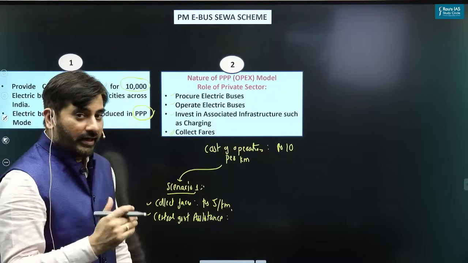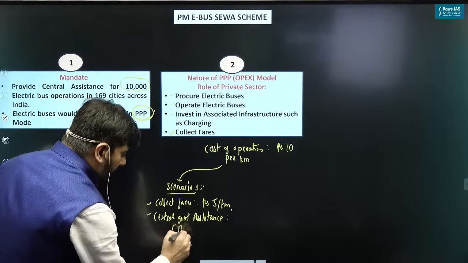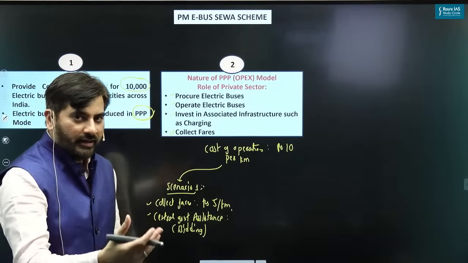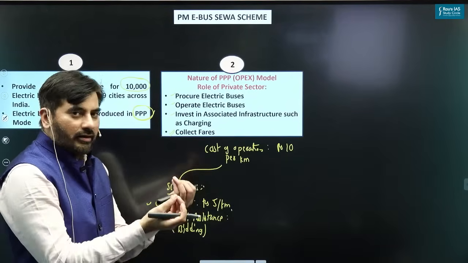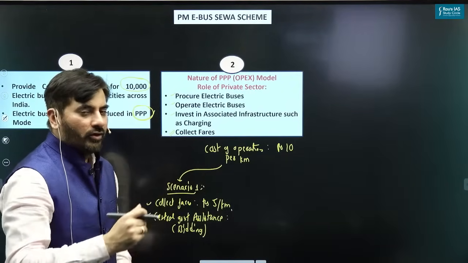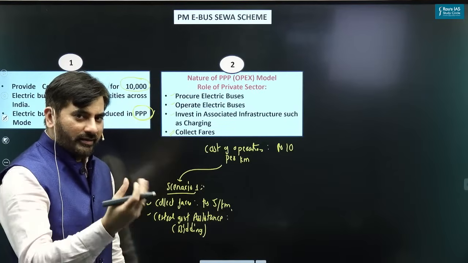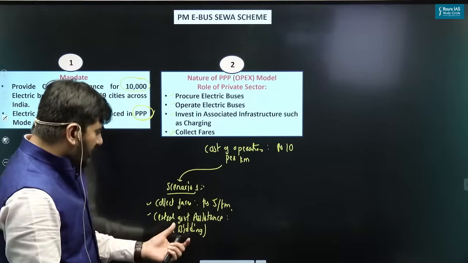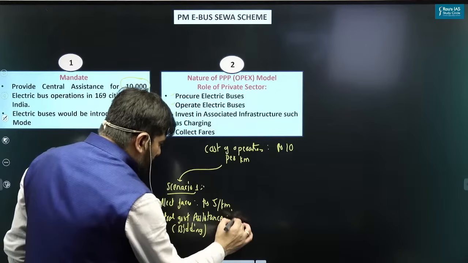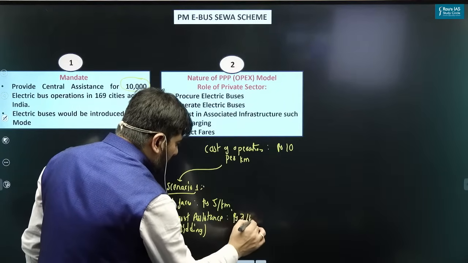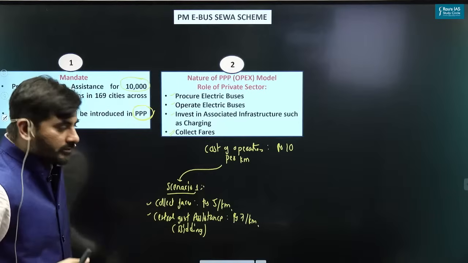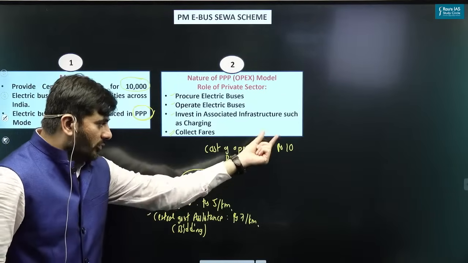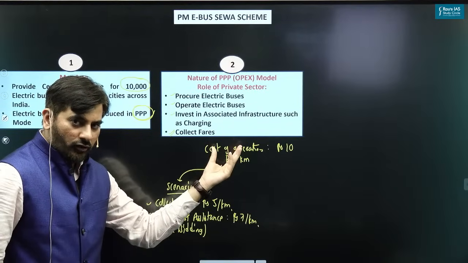In fact, the central government assistance is determined through a bidding process. Different entities will place a bid as to how much central assistance they need for every 1 kilometer. So the lowest bidder will get that particular project. Now, just as an example, let's say the central assistance in this particular case is fixed at rupees 7 per kilometer.